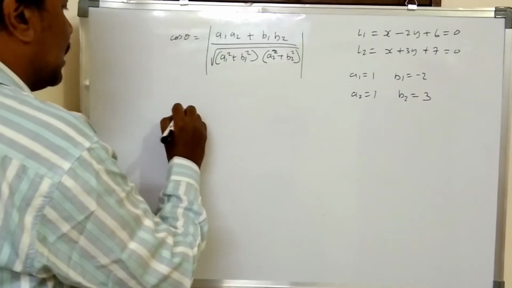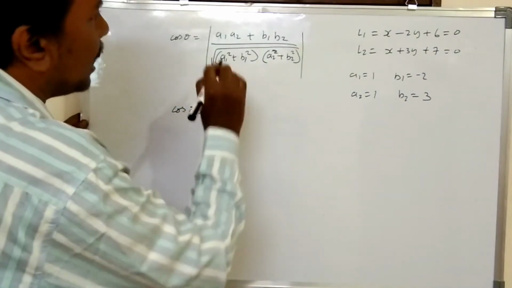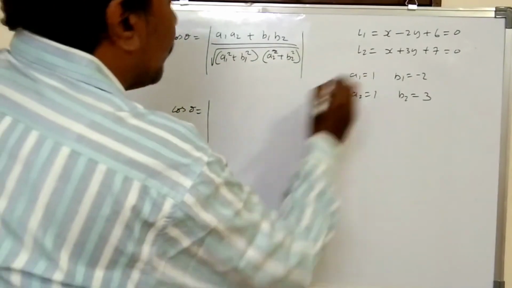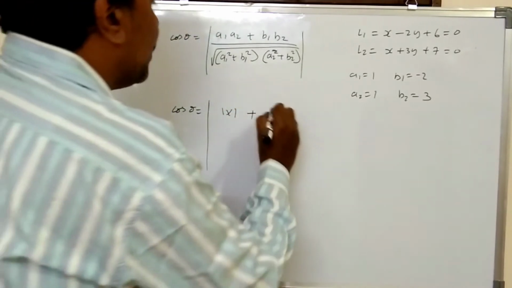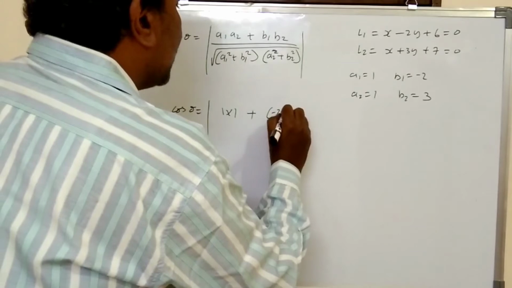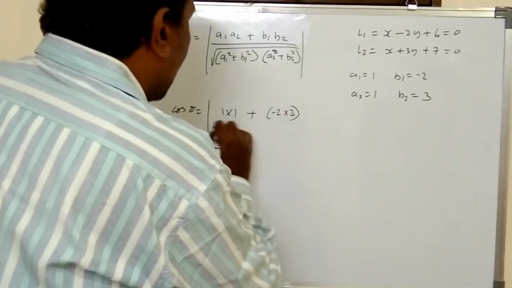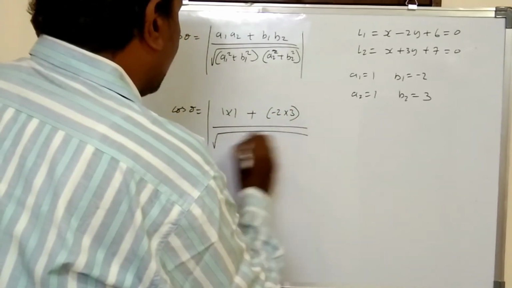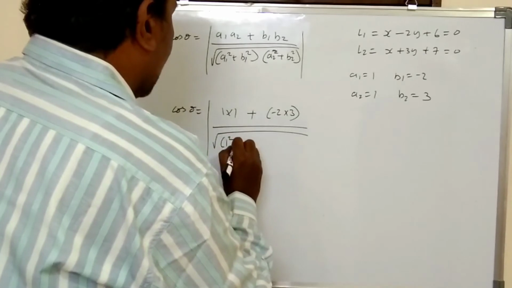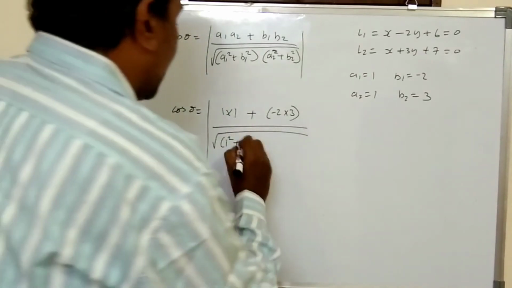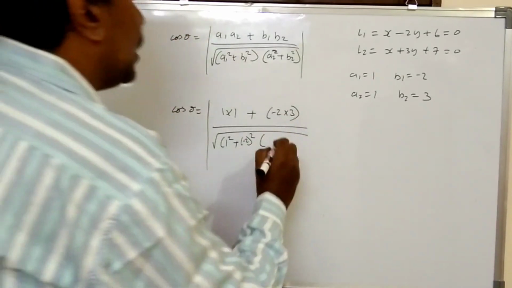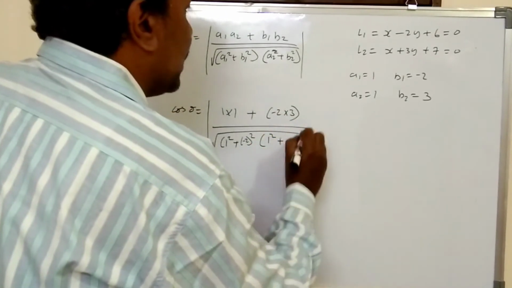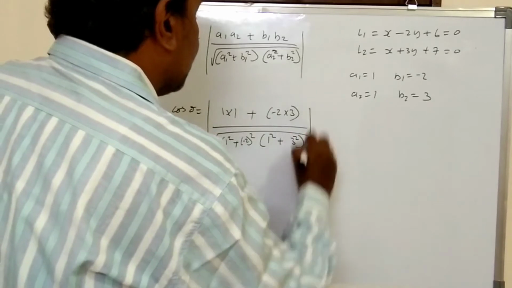Cos theta is equal to A1 A2, 1 into 1, plus B1 B2, minus 2 into 3, by square root of A1 square plus B1 square, minus 2 whole square, into square root of A2 square 1 square plus 3 square.